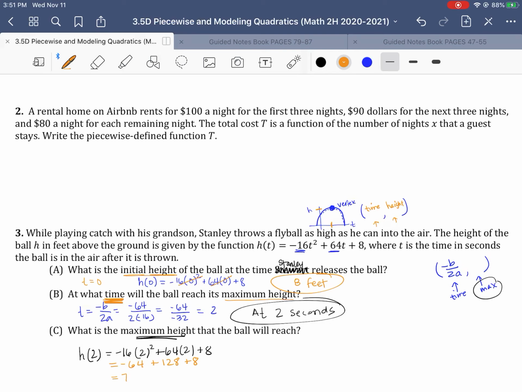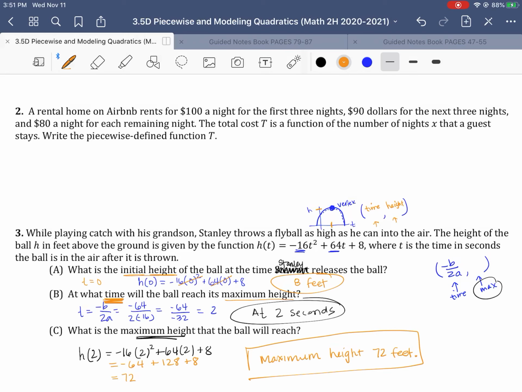And that would leave us with 72. So the maximum height that the ball is going to reach is 72 feet before it then begins to fall down to be caught.